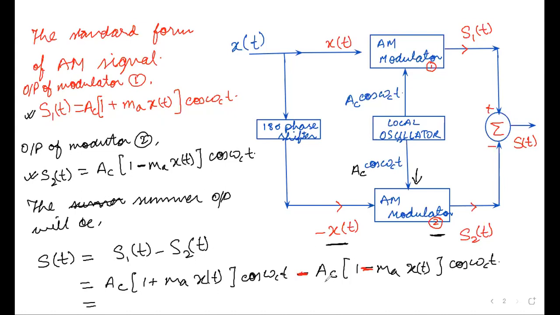So here, in the AC part, when we open the bracket, the terms will get cancelled. I am writing it out so that it will be clear to you all.